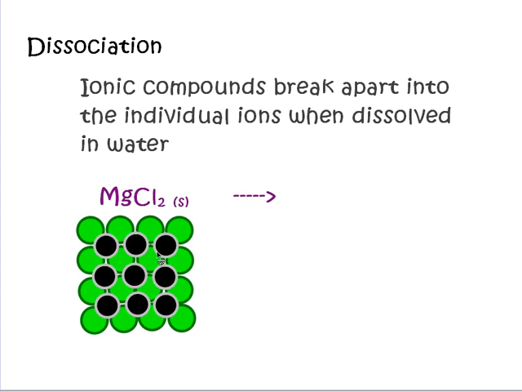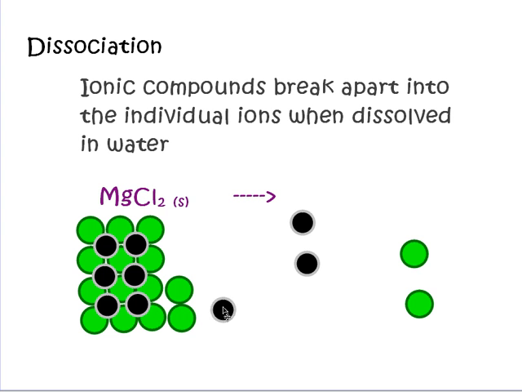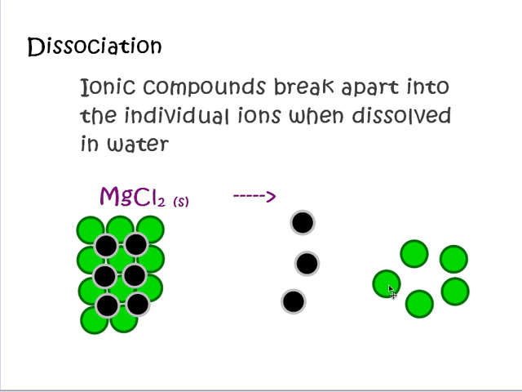But when I put it into water, the magnesiums and the chlorines can dissociate, or break apart from each other. I'm showing you how they come apart into their own individual ions and float around in solution all on their own.